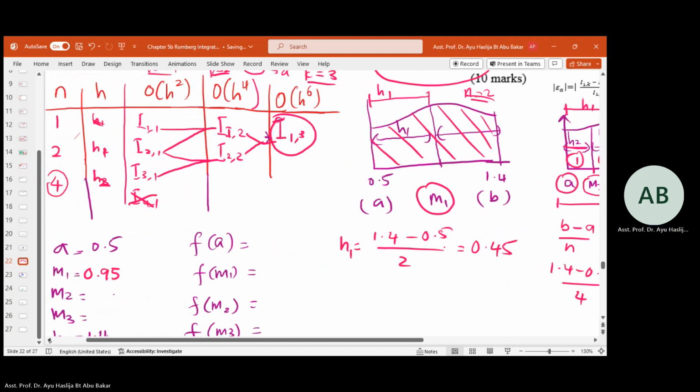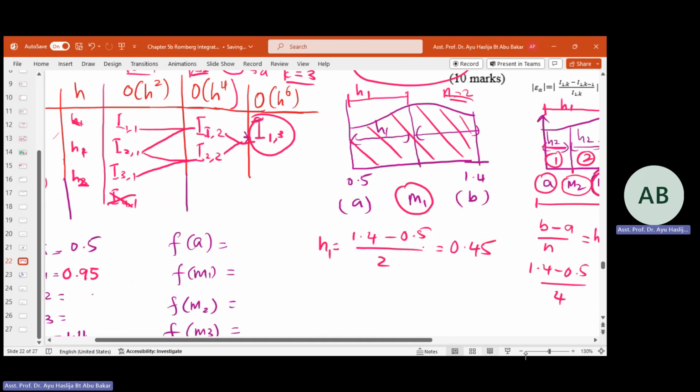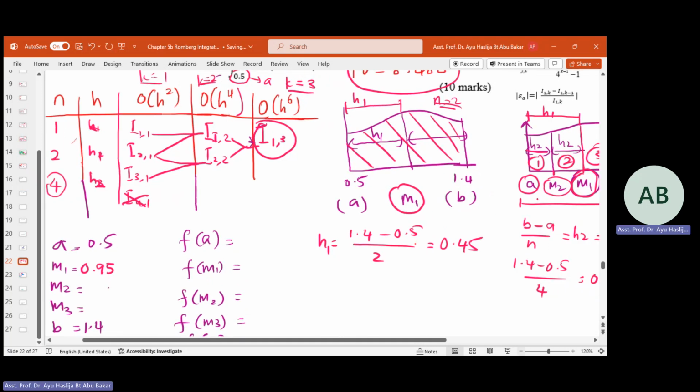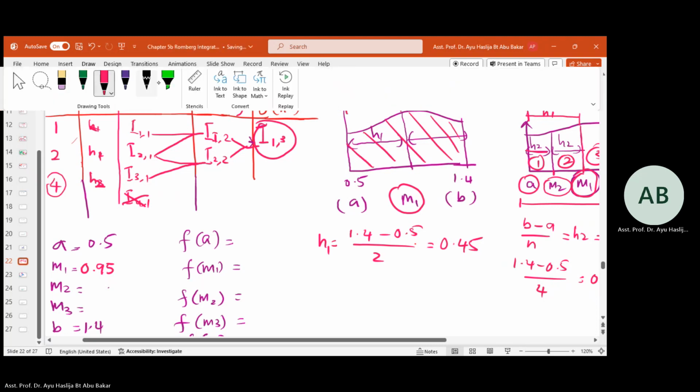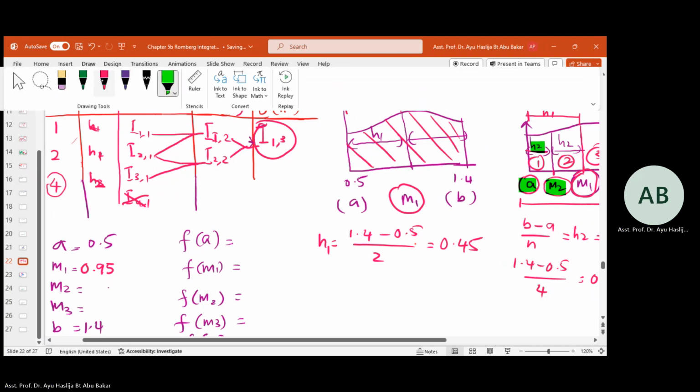Now M2 is, this one, I make it smaller. M2. Using H2. So A plus what? How to get M2?